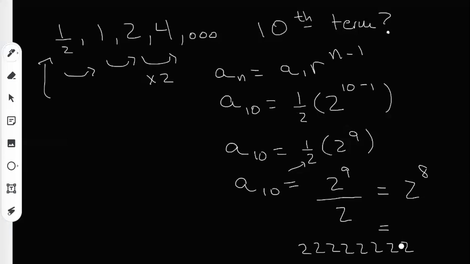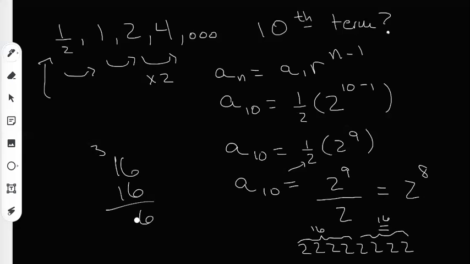So if I multiply all these together, these 4 are going to give me 16. These 4 are going to give me 16. And 16 times 16 is what?